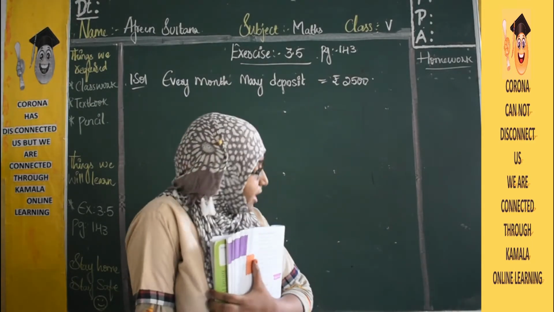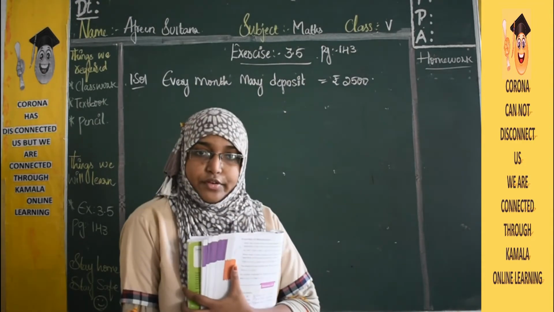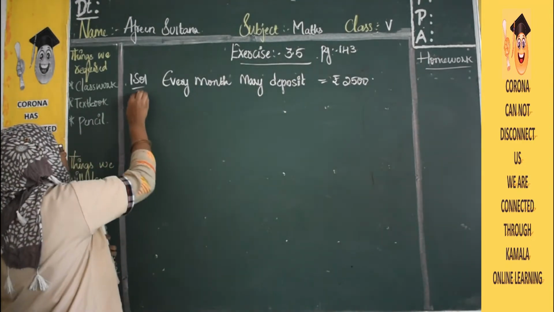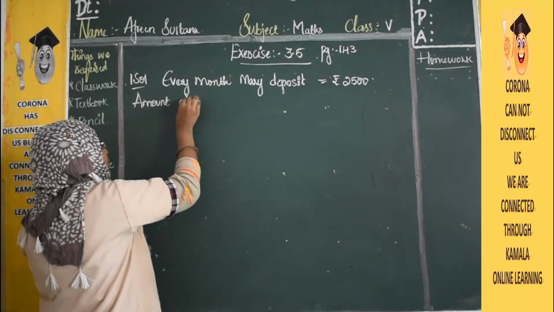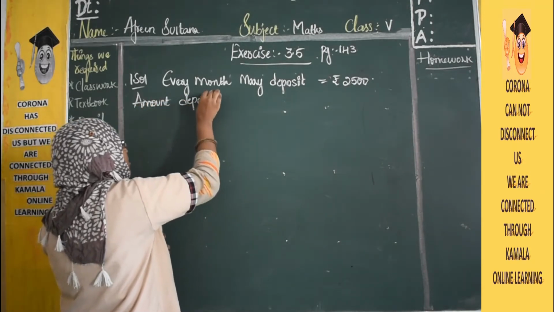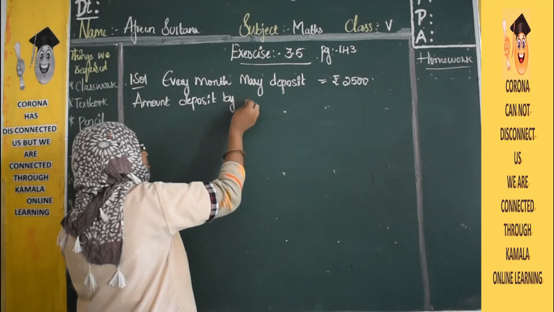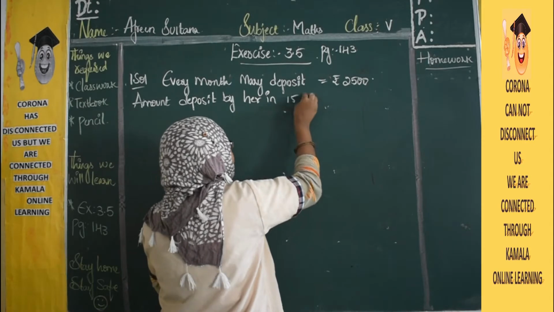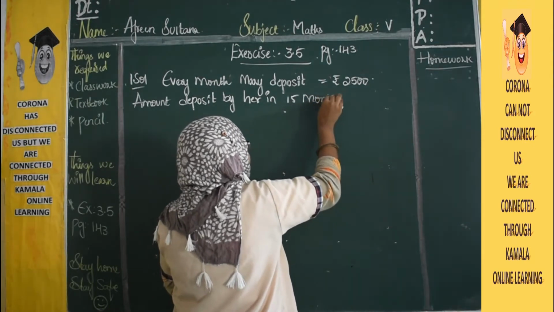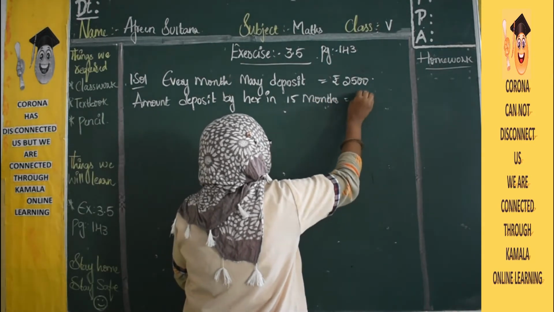So what we need to find is the amount deposited by her in 15 months. That is what we are going to find, right? So let us put the question mark.